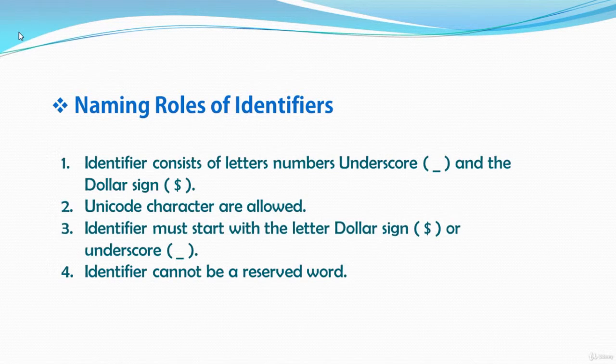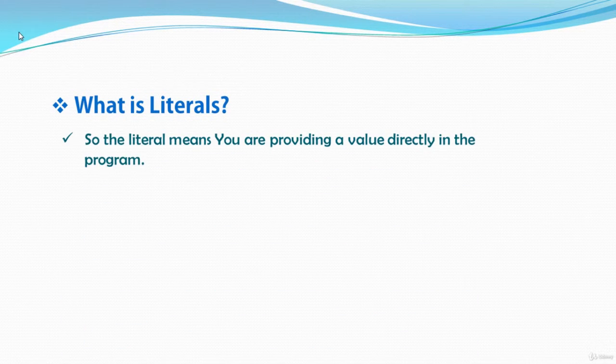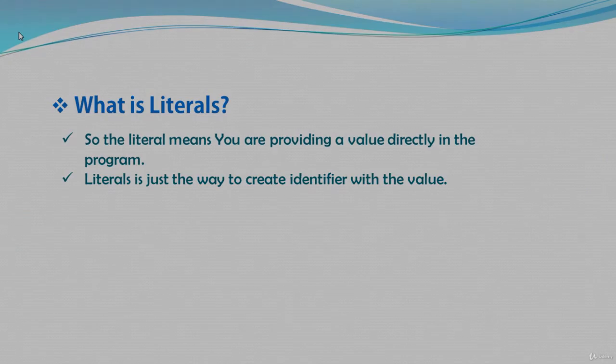Now, let me move to the next topic, literals. We already saw a literal in the previous example, where we specified a variable name with numerical literals. So literals means you are providing a value directly in the program. A literal is just a way to create an identifier with a value.